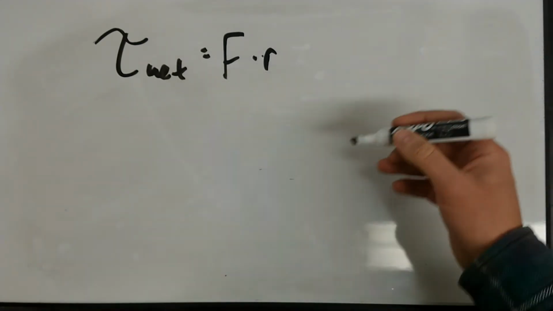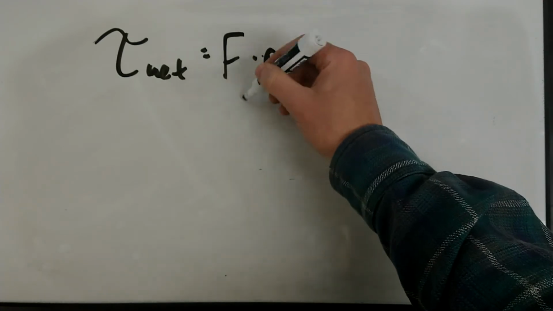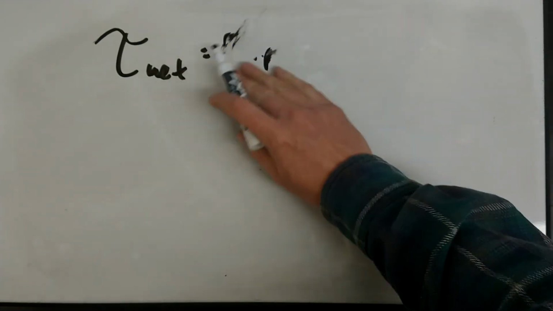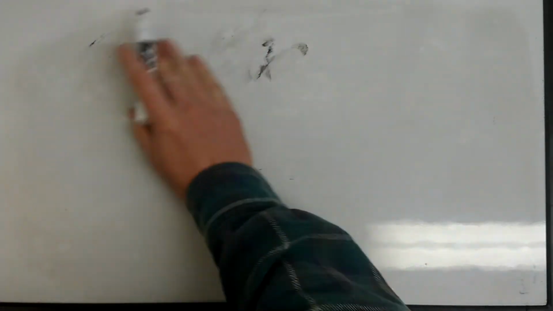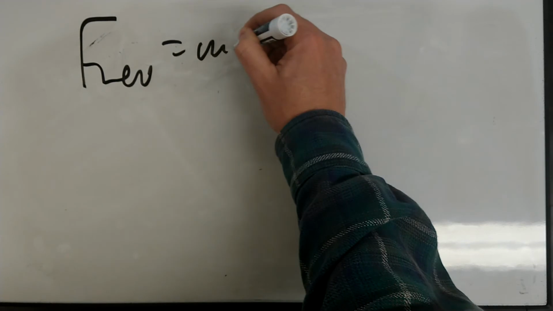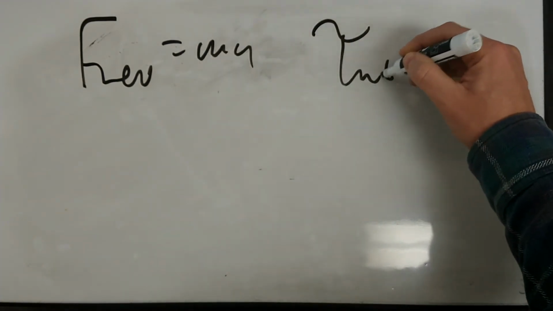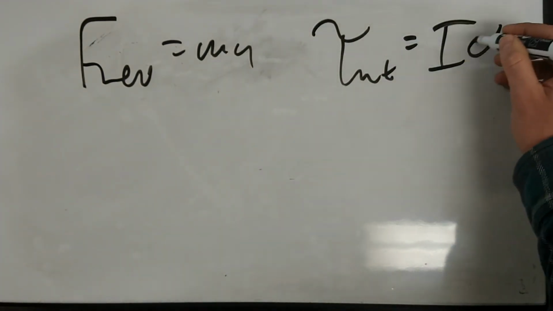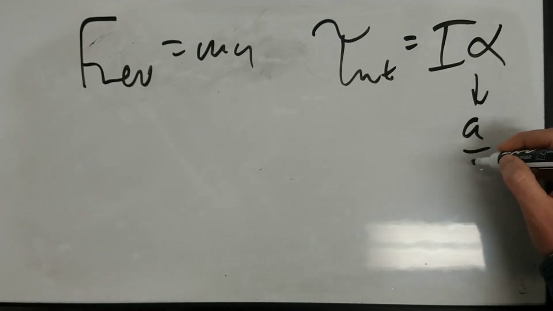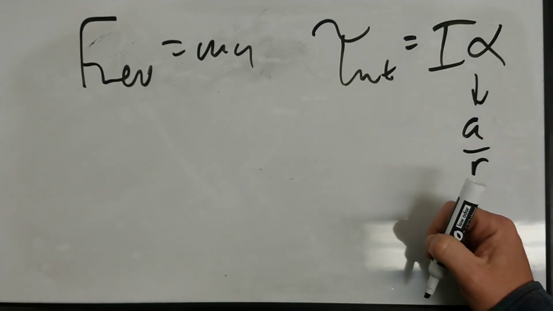Anyhow, it's kind of interesting. We'll deal with that later on. F net equals ma. It turns out the torque net ends up being something called I alpha. Alpha equals A over R, right?